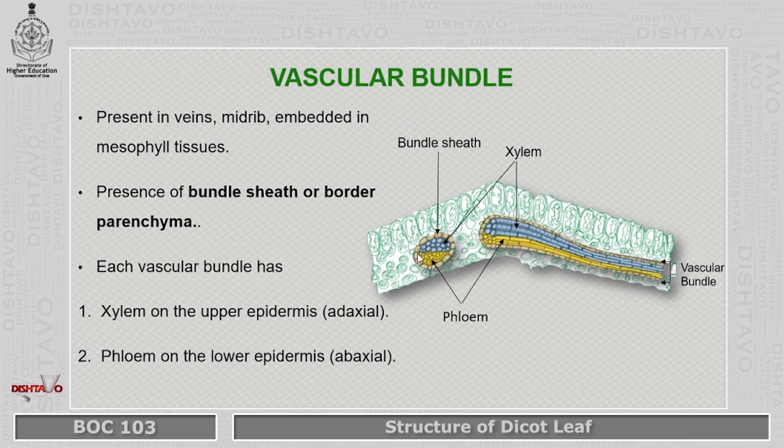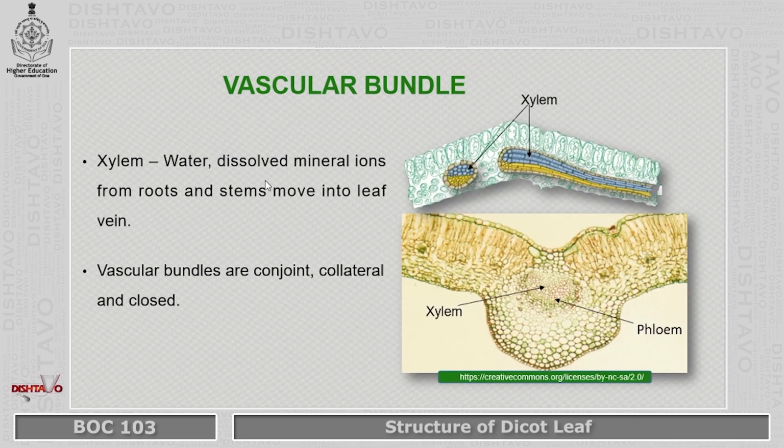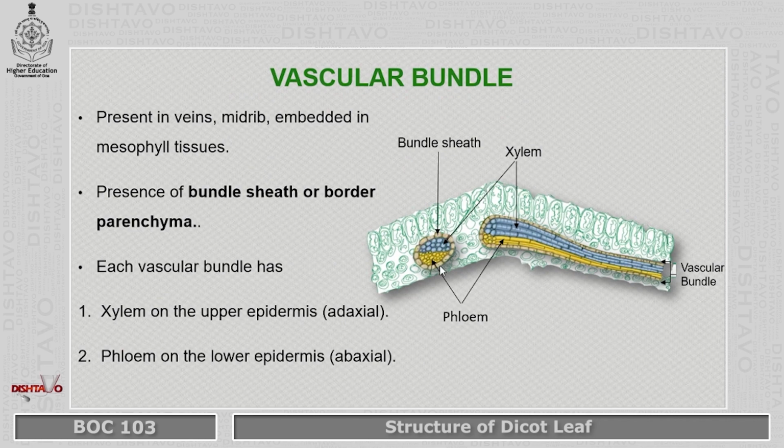The vascular bundles show the presence of bundle sheath or border parenchyma. These cells are parenchymatous in nature when the leaf is young, but as the leaf matures, they turn sclerenchymatous. When they are sclerenchymatous, they give mechanical support to the plant.